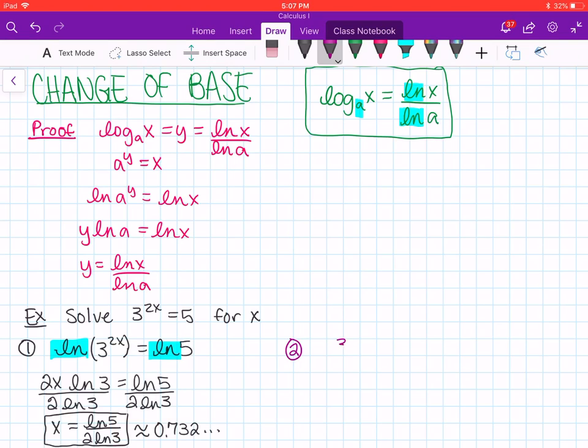So we got 3 to the 2x equals 5. Now, since you noticed that it is base 3, maybe we can put that in log form. So it's going to be log base 3 of 5 equals 2x. And that's just the logarithmic form, just from the definition.